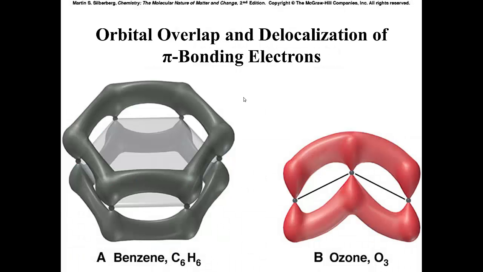The other thing that pi bonding electrons lets us do is think about delocalization of the electrons. So in the case of benzene, this is a benzene ring, and benzene would have this structure. And you remember that we drew this in class. I'm not going to draw all the hydrogens on here, but we know that each carbon is also connected to a hydrogen.